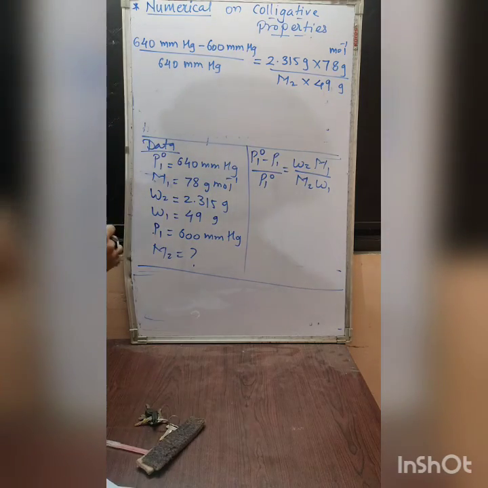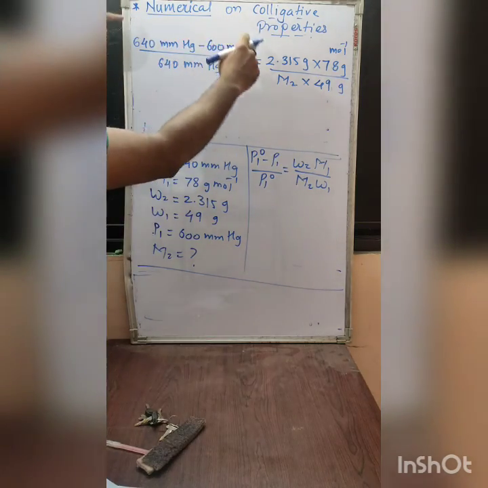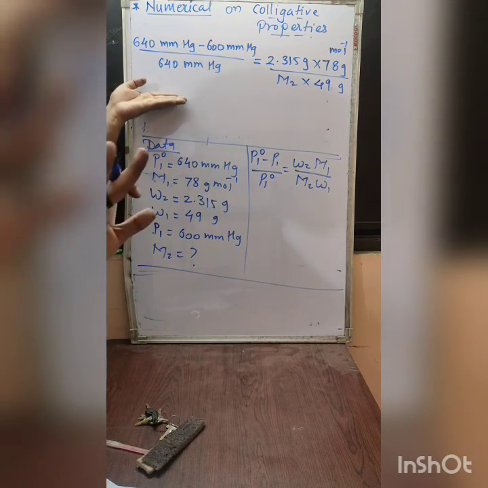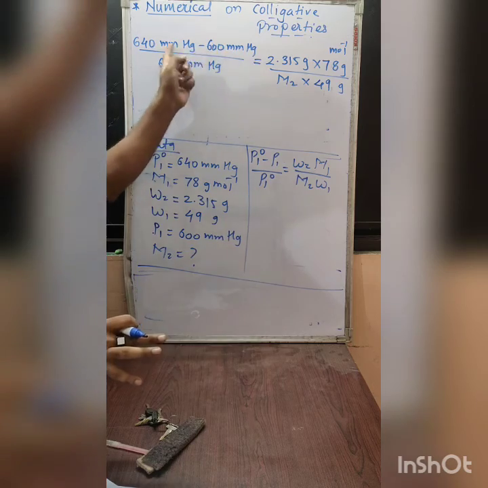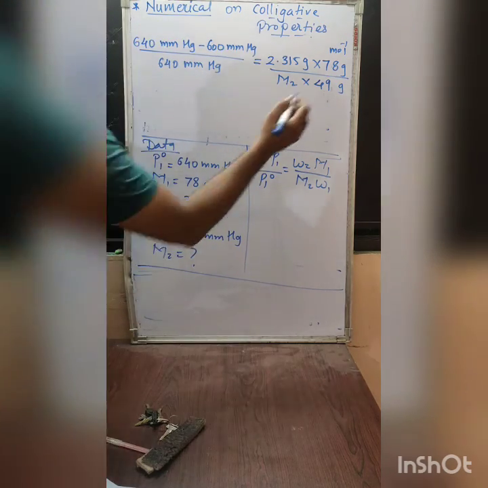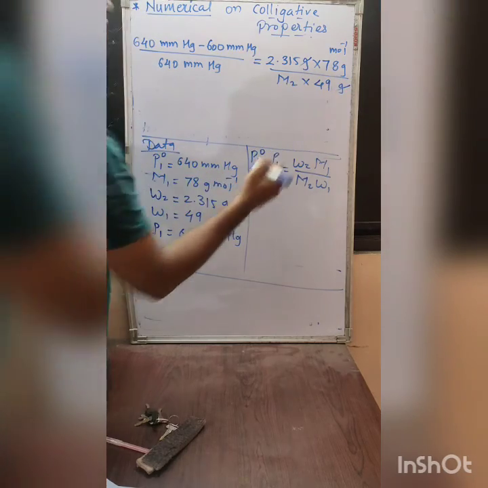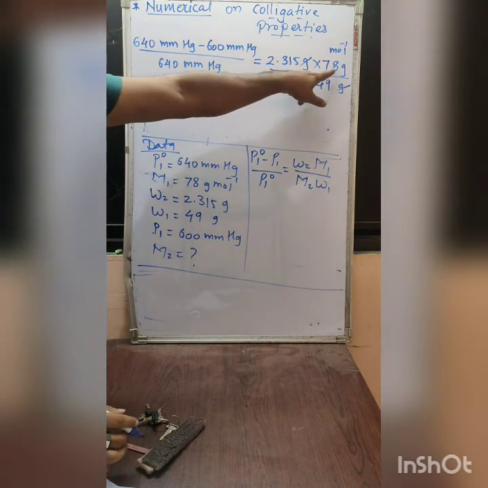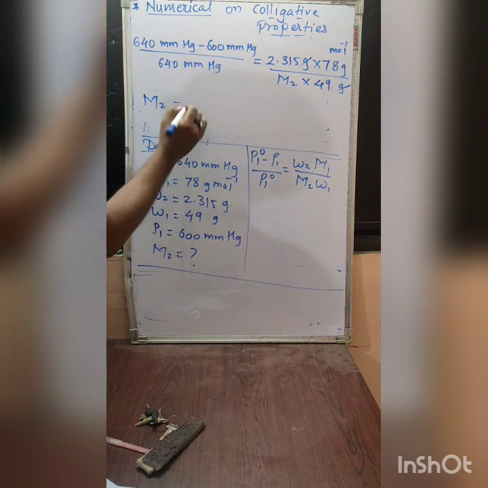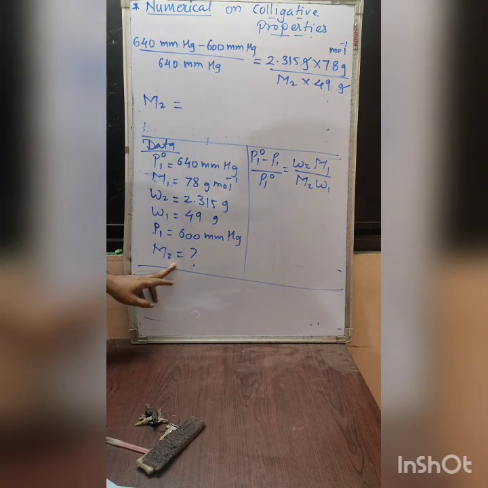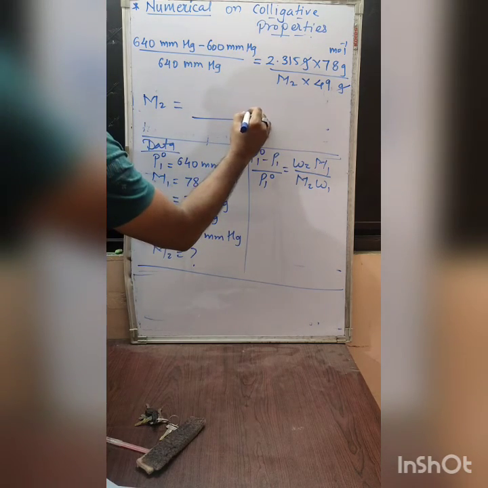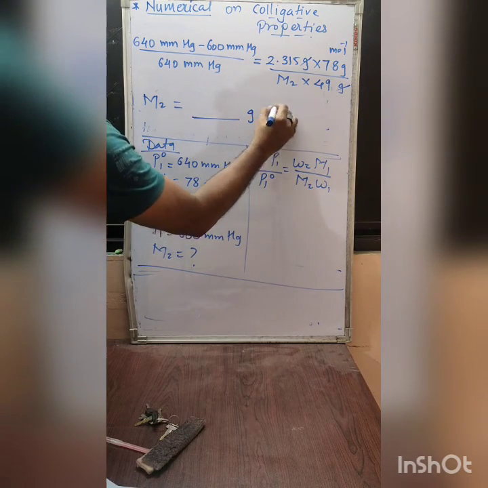Okay. So we know that after calculating this part, the value which will come will be unitless, because mmHg upon mmHg will be cancelled. Here gram will cancel, so what is remaining is gram per mole. As we have to find out the molar mass of solid, the final answer with proper unit will be gram per mole.